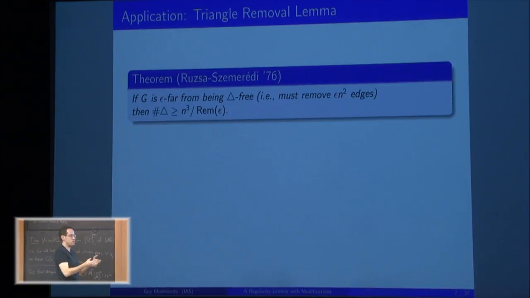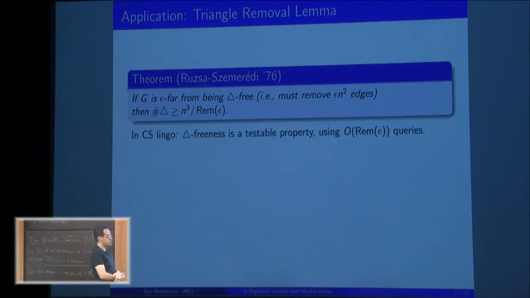Okay, you can't pack into a graph with n vertices order n squared edge-disjoint triangles without creating tons and tons of triangles. In particular, one additional triangle, but also a cubic number of triangles.